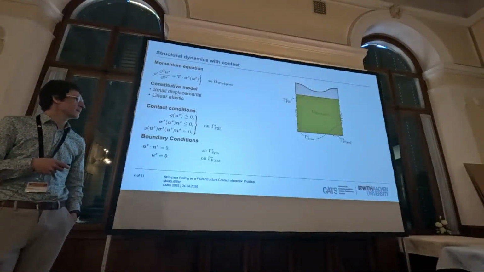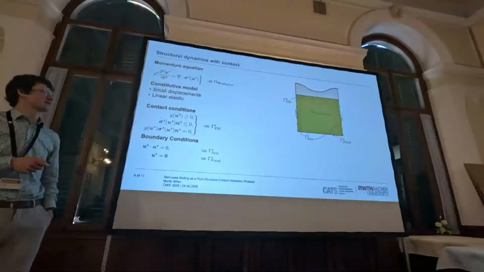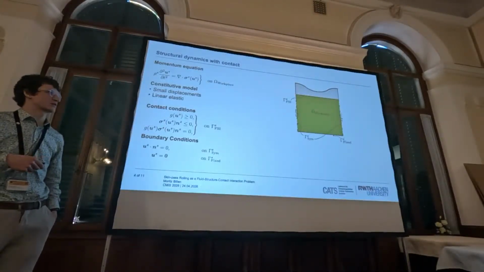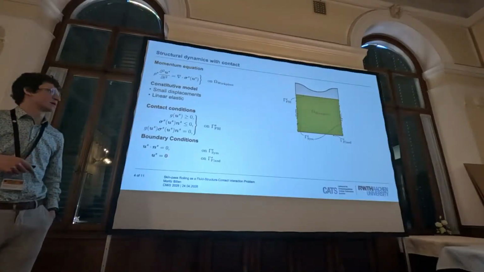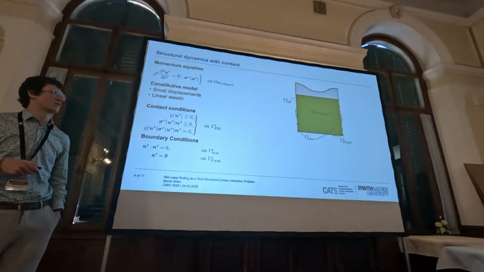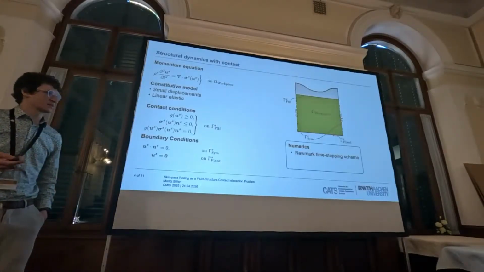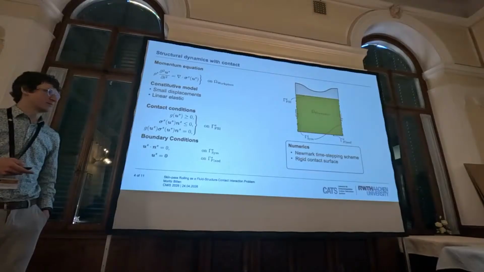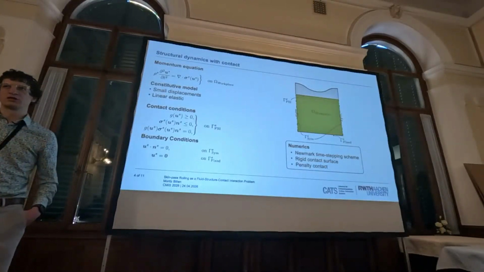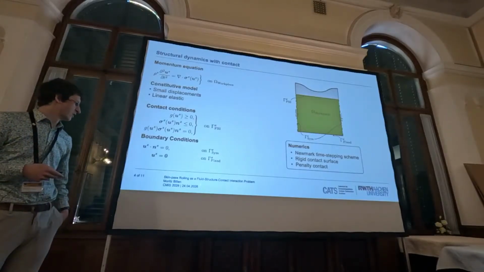One thing to point out is that on the FSI interface, we also need to consider the contact conditions. In the solid domain, we consider symmetry on the left and right boundary and a fixed domain below. Something about numerics, so we use a Newmark time stepping scheme. The contact surface is considered rigid, and we use the penalty contact method to enforce the contact.